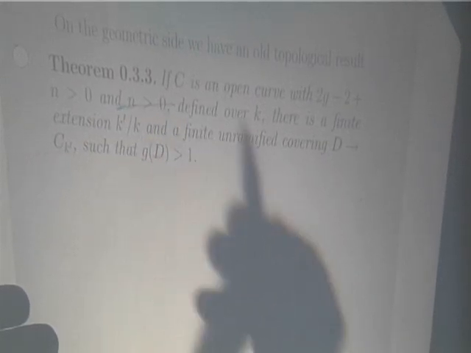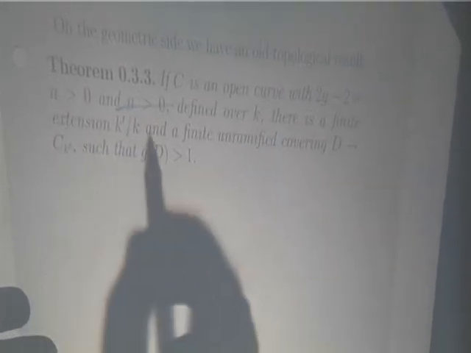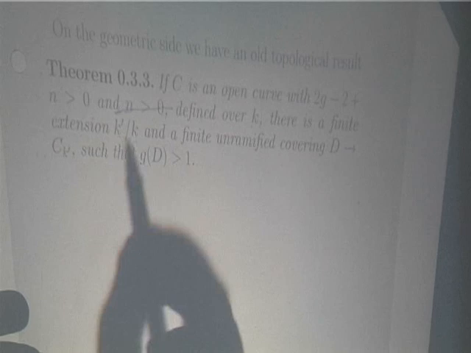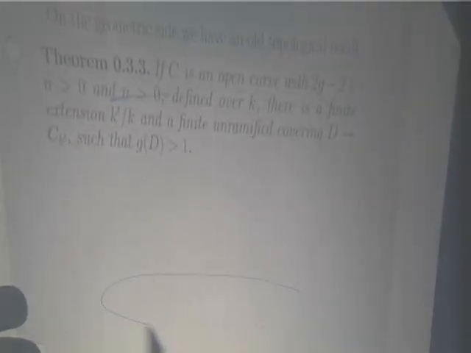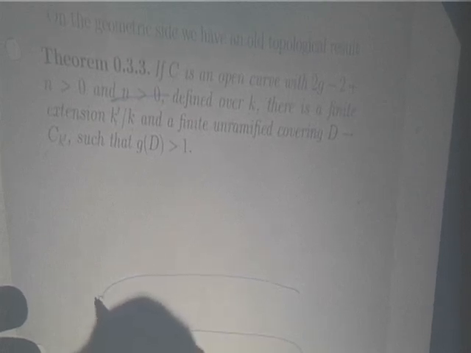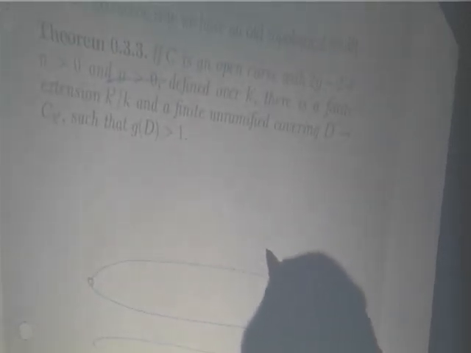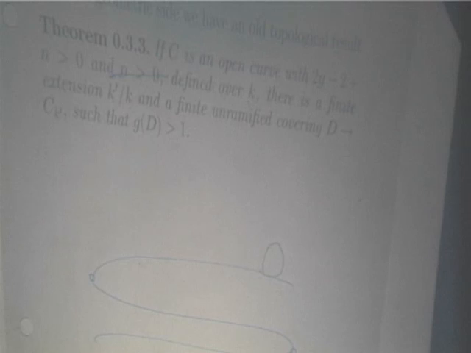There is a finite extension of number fields, and a finite unramified covering, which means a finite covering of the complete curves, unramified away from the points of sigma, such that the genus upstairs, this is the curve D, is bigger than 1.